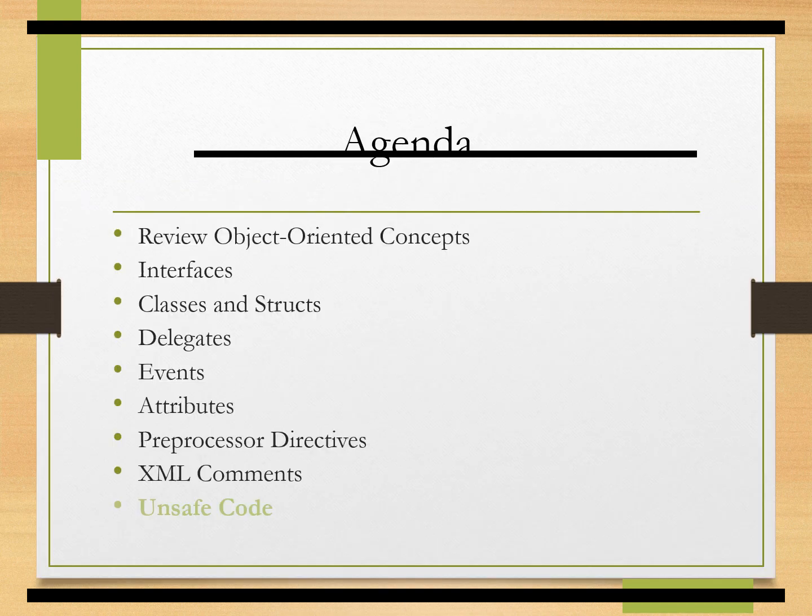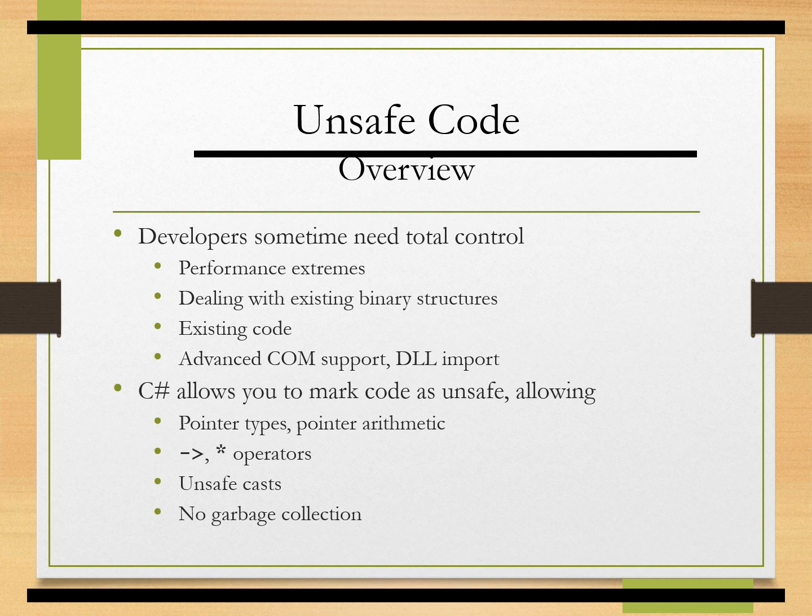Just see the next one, unsafe code. Unsafe code, performance extreme, dealing with the unary functions and the binary functions, something else. You just see a particular form of the data dealing with existing binary structure.